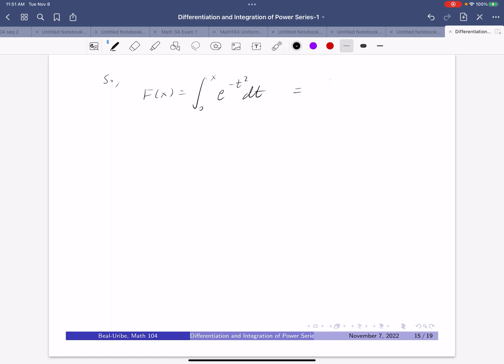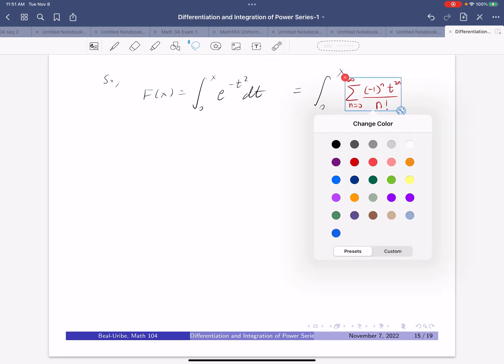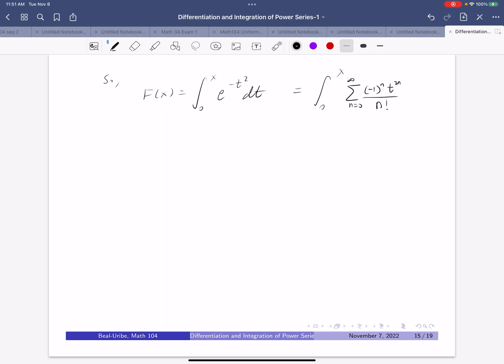And that's going to be the integral from 0 to x. Let me change that to black. I need this to now be dt. I can do term by term integration, meaning I can interchange this limit with this limit. I can switch them out.